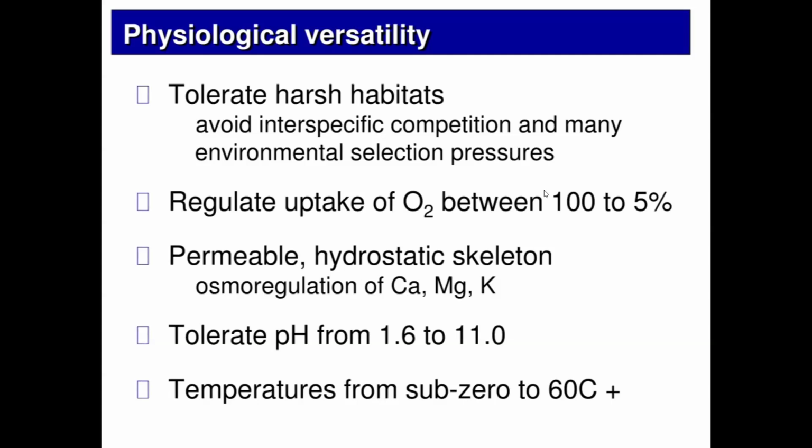They are very permeable. They have a hydrostatic skeleton, which helps them to regulate calcium, magnesium, potassium in the environment. And very interesting also, they can tolerate a wide range of pH. pH ranges from 1 to 14, isn't it? 1 being acidic, 7 being neutral and 14 being alkaline.